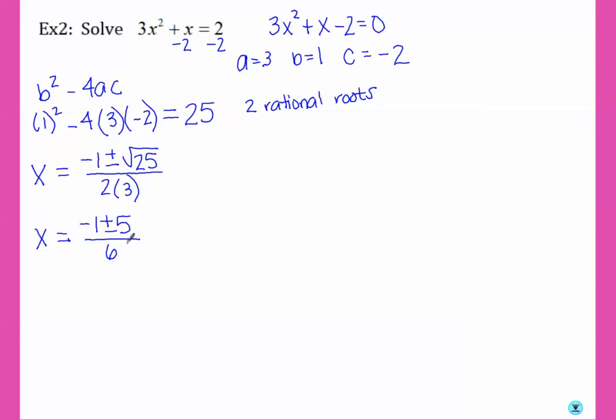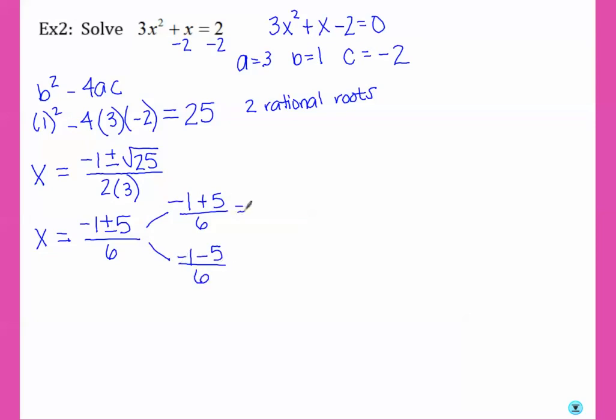So since we have eliminated the square root and we don't have any imaginary numbers in this, we can simplify more. So I'm going to break it up into 2 statements. -1 plus 5 over 6 and -1 minus 5 over 6.